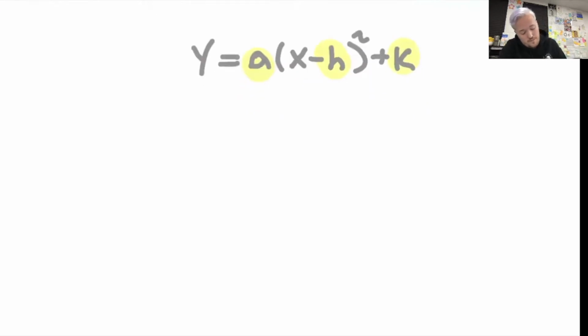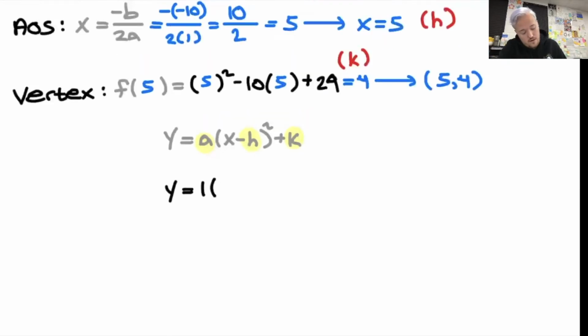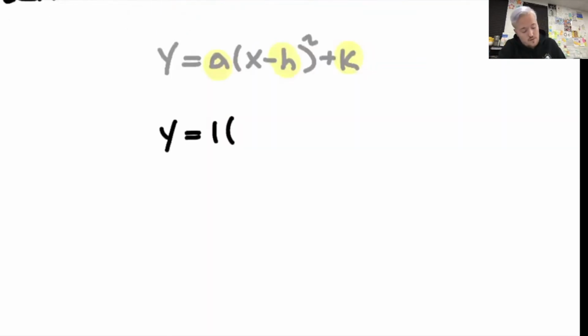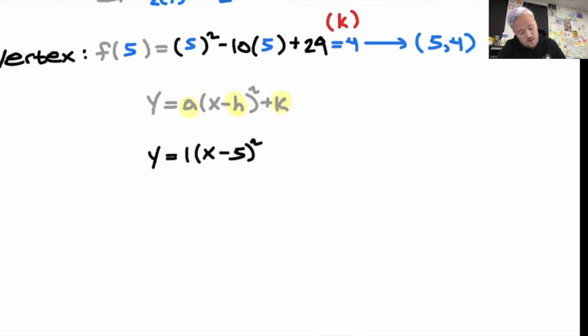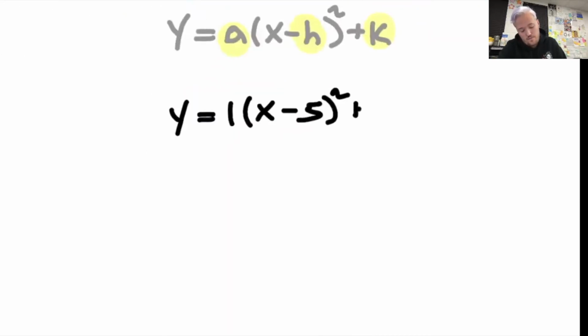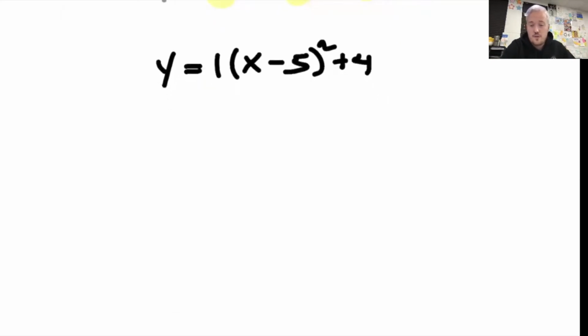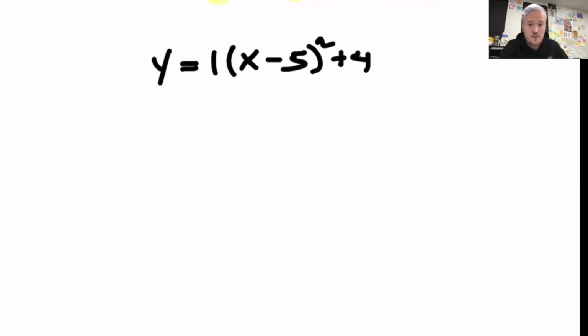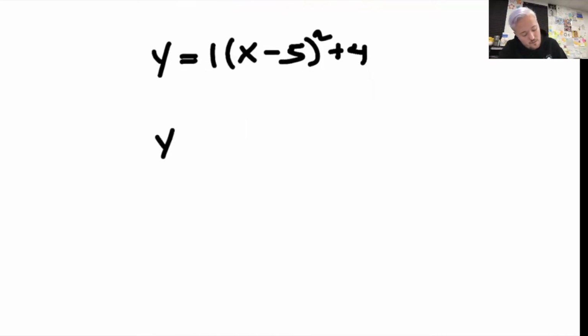We have an A value of 1 and an H value of 5, so I want x minus 5 all squared. Then we have a K value of 4, so plus 4. The only thing we can simplify is getting rid of that 1 in the very front. We don't need it. So we're just looking at x minus 5 all squared plus 4.